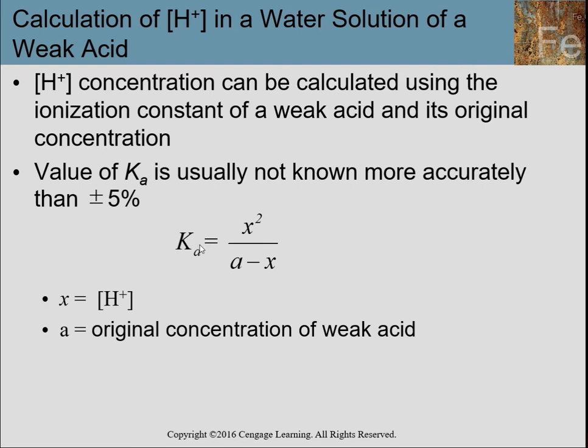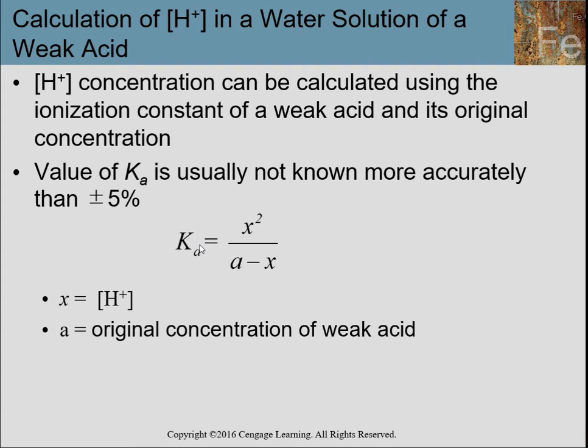Let's look at some other possible calculations. Now, in this situation, you are given the pH. But what if you are asked to calculate the pH or to calculate the hydrogen ion concentration in a weak acid? You'd have to know the Ka value. And as they say here, the value of the Ka is usually not known more than plus or minus 5%.